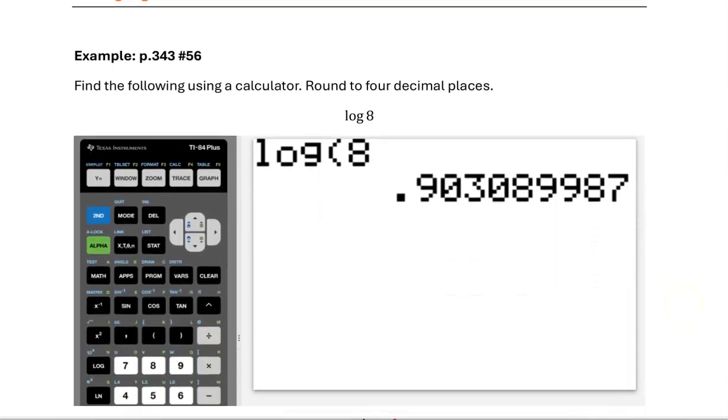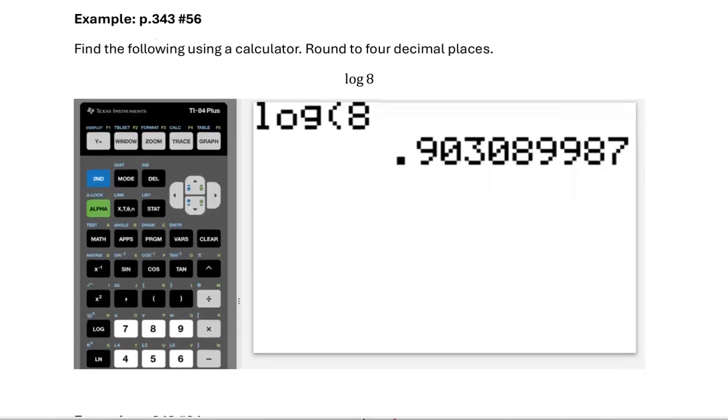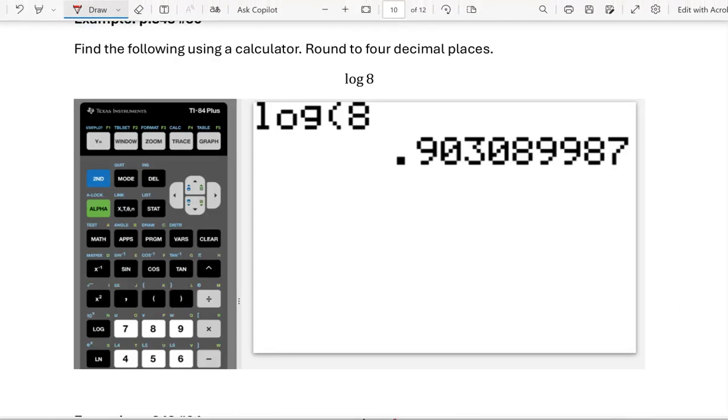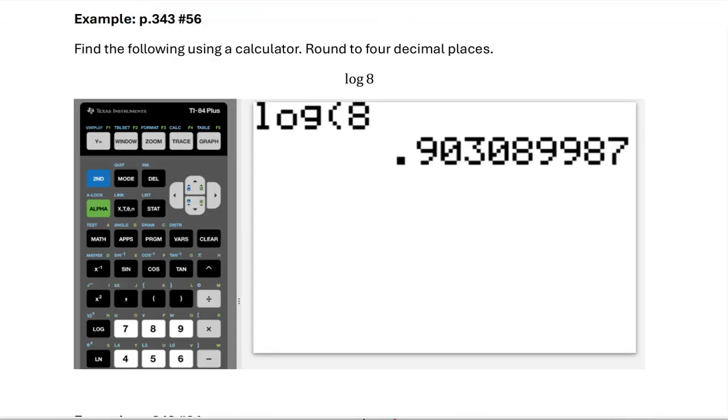So all I need to show you is where the buttons are on your calculator. So here we go. On the left side of the keyboard on the graphing calculator, TI-80 such and such, I think that even the 82 would have to be something similar to this. 83 and 84 for sure. The log button is right there next to the 7.